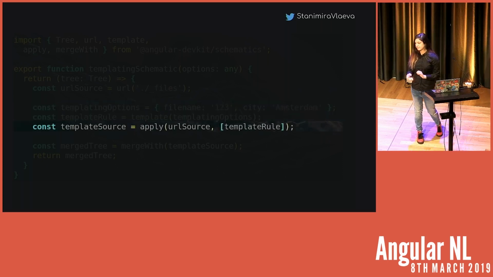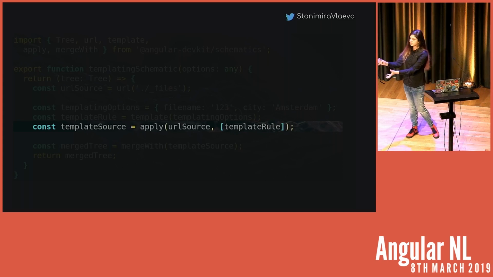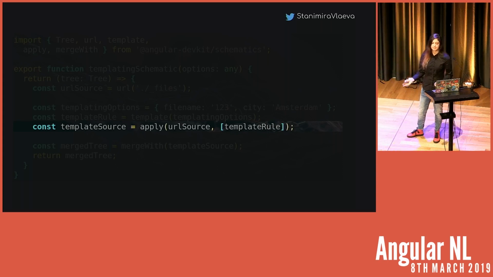And then we have the template source. So we provide the URL source. Basically, we take every file in the files directory, and with the apply function, we apply all these rules to the files in the files directory. Okay? Kind of? Okay.